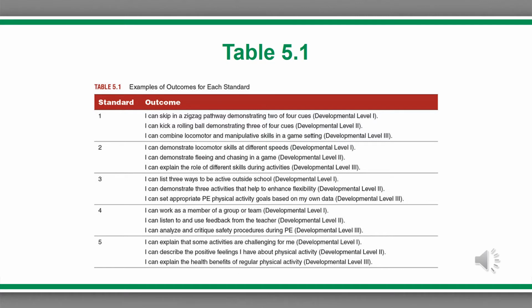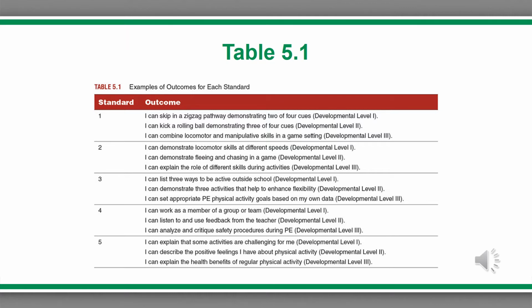So instead of using the word I, which is what the book talks about, you would put TSW, capital T, capital S, capital W, skip in a zigzag pathway, demonstrating 2 of the 4 cues. That would be your outcome.